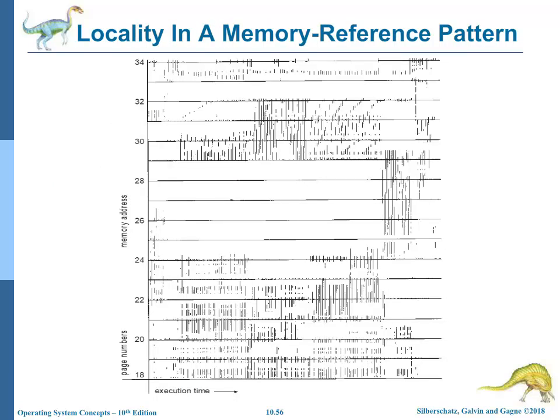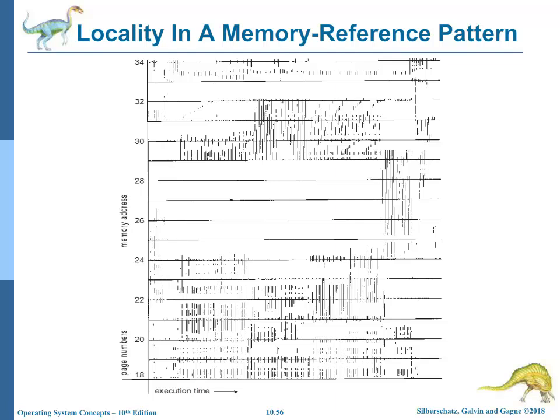The locality model notes that processes typically access memory references in a given locality, making lots of reference to the same general area of memory before moving periodically to a new locality, as shown in this figure.